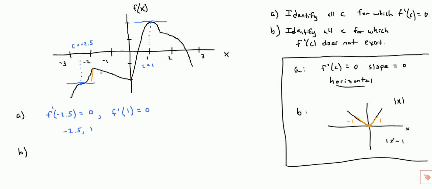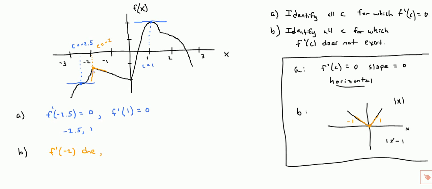But if we drew a tangent on the right-hand side, it would look like that, right? So these tangents are different. The tangents have to be equal for there to be a derivative. So at this point, there's no derivative. It does not exist. So drop that down. That's c equals -2. Okay? So f prime of -2 does not exist.